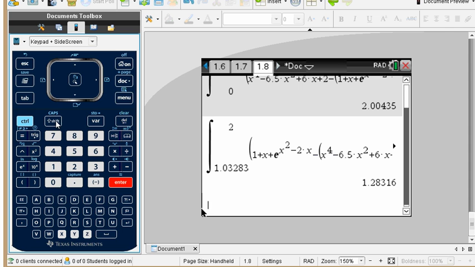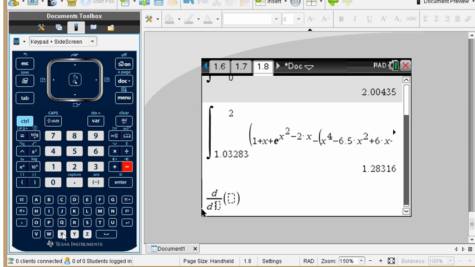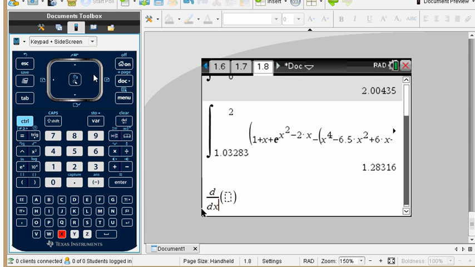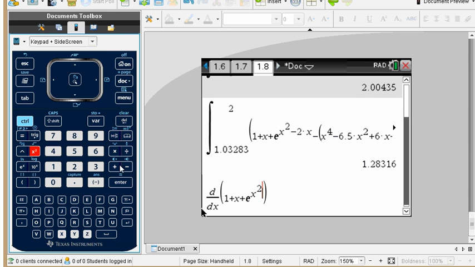So we have d/dx, and we're going to just put in here the first function, which is 1 plus x plus e to the power of x squared minus 2x, and we come over to the right here and we're going to evaluate.